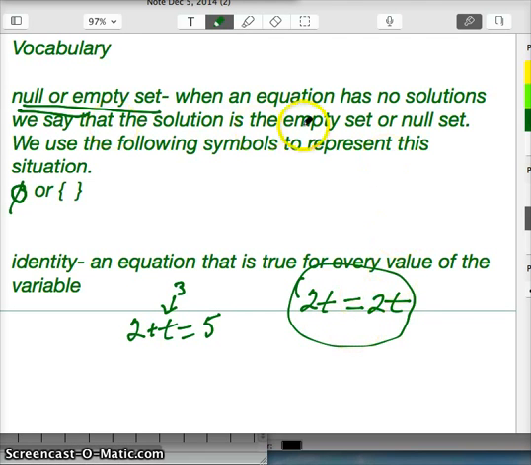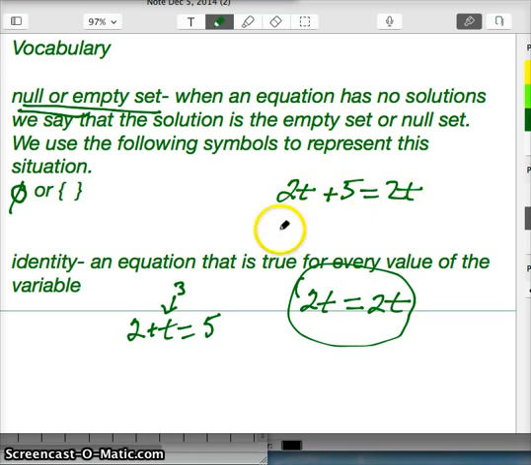And since we're talking about it, something with the null set situation would look like this. Let's say I had 2t plus 5 is equal to 2t. Should look fishy, right? Because you've got 2t plus something is equal to 2t by itself. This doesn't make sense.